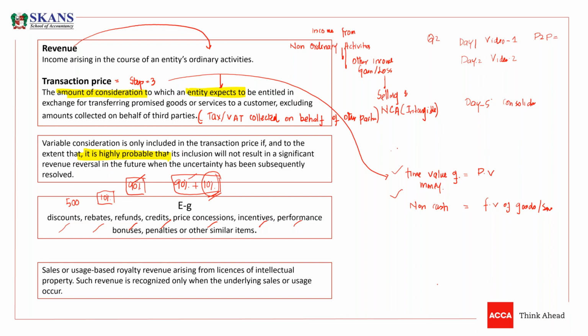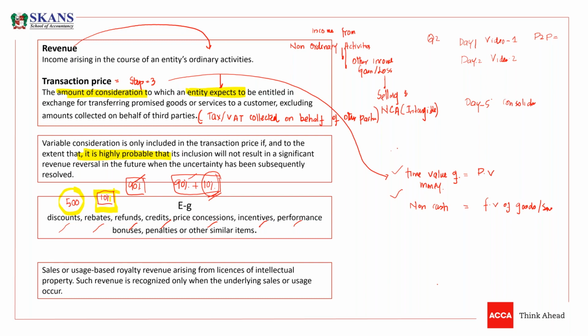If we are not sure whether the customer will take the discount or not, we cannot take this 10% revenue. We'll only take 90% because we are not sure. But if we are sure that this customer is not going to take the discount, he always pays late, then we can take this 10% as revenue as well. It means 90% we need to book, and then we can book an extra 10%.